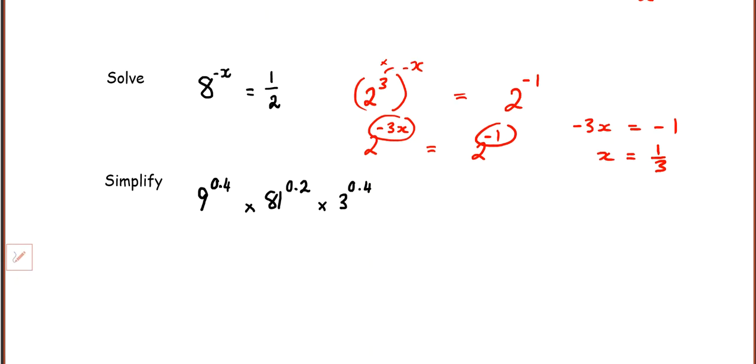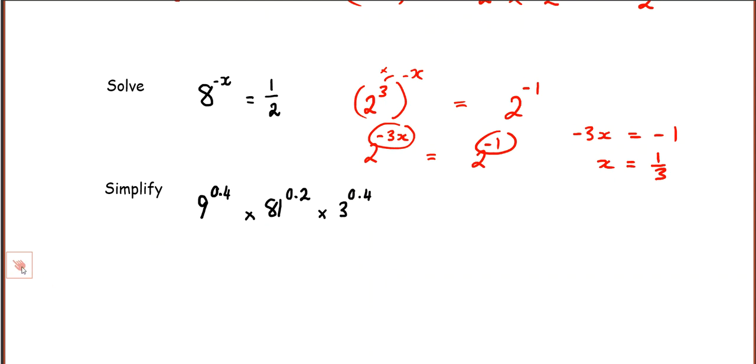And finally, the one that looks complicated but ends up with a lovely, nice answer. Okay. So we've got 3 squared to the power of 2/5 multiplied by 3 to the power of 4 to the power of 1/5 multiplied by 3 to the power of 2/5.